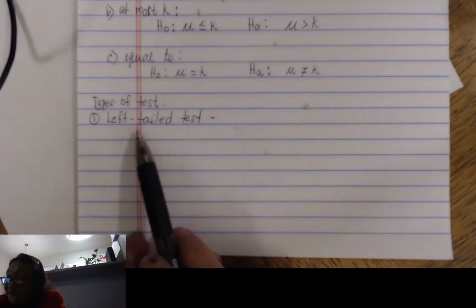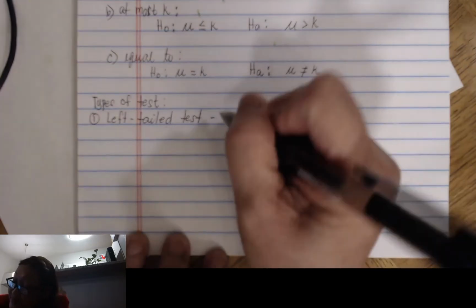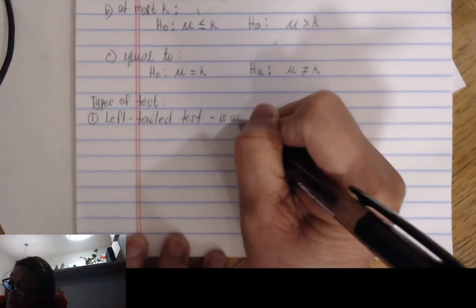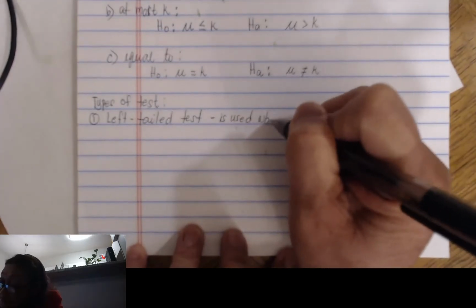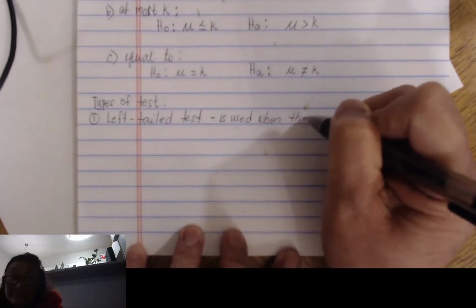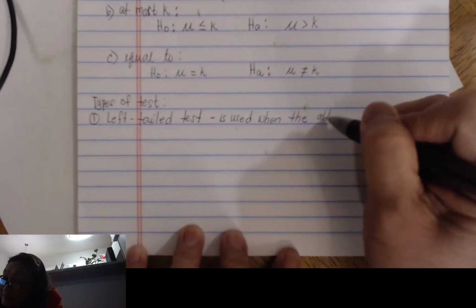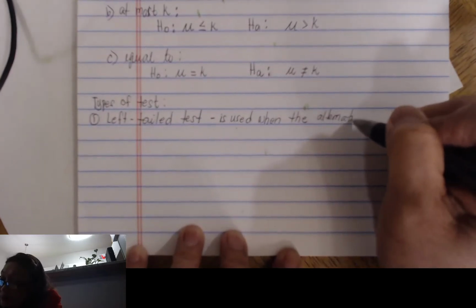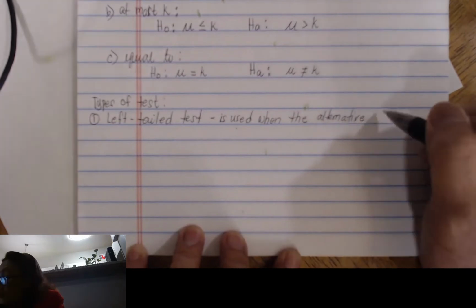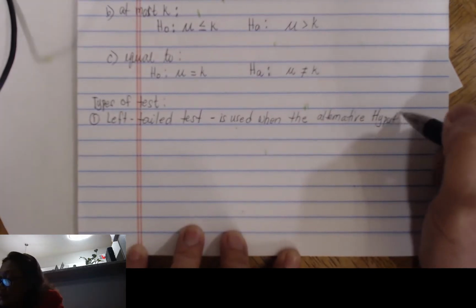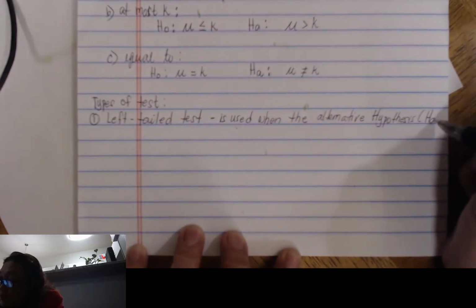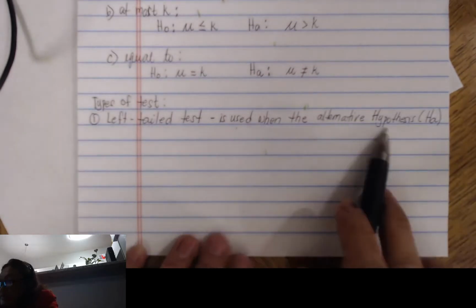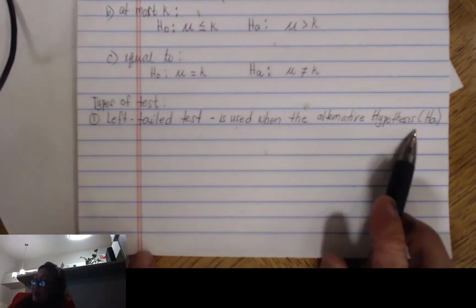So the left-tailed test is used when the alternative hypothesis contains the less than inequality symbol. Later on, I'm not going to write out alternative hypothesis anymore.